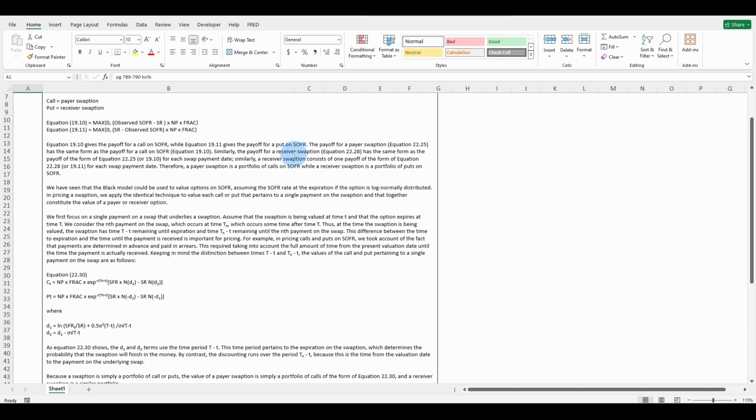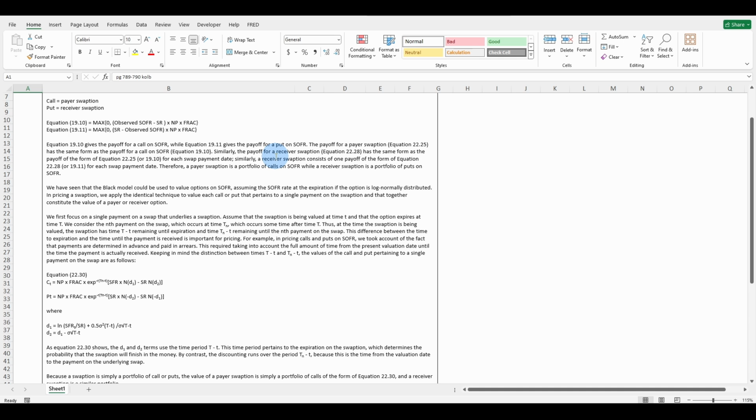Equation 19.10 gives the payoff for a call on SOFR, while equation 19.11 gives the payoff for a put on SOFR. The payoff for a payer swaption, equation 22.25, has the same form as the payoff for a call on SOFR, equation 19.10, for each swap payment date. Similarly, the payoff for a receiver swaption, equation 22.28, has the same form as equation 19.11, for each swap payment date.